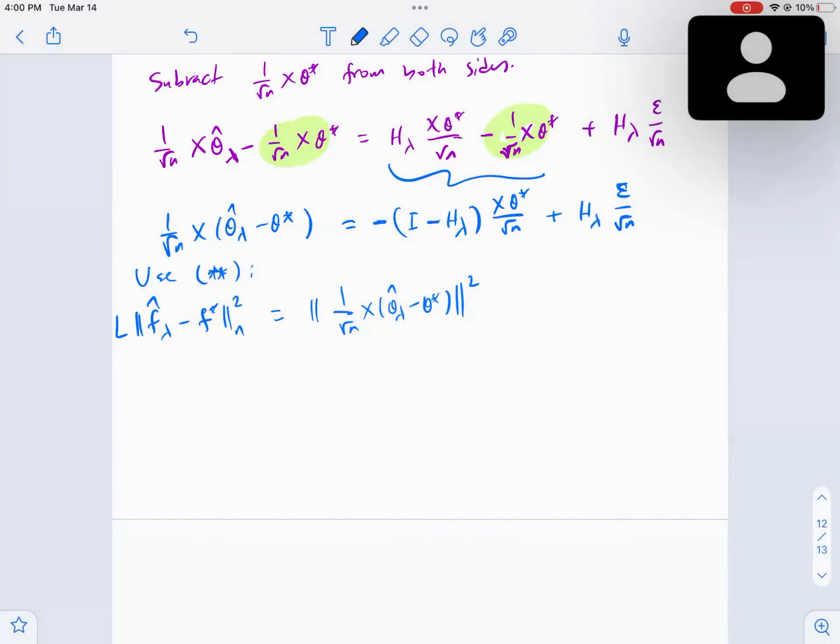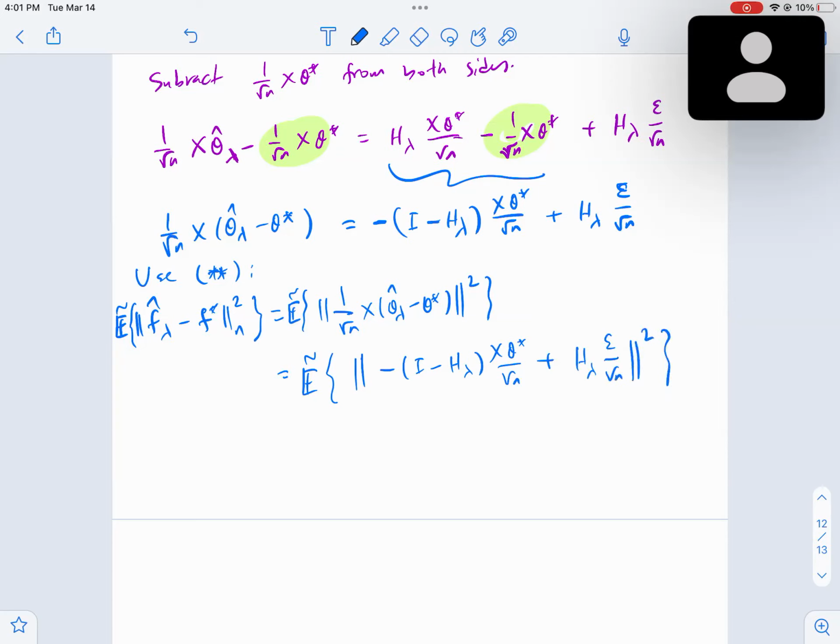So I'm going to put an expectation tilde. Now this is going to be expectation tilde of just this guy that I have there: minus I minus h lambda x theta star over root n, plus h lambda epsilon over root n, squared. Then I have to expand this and take expectation.